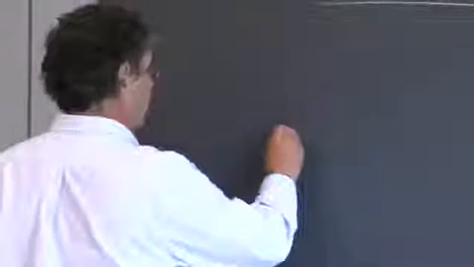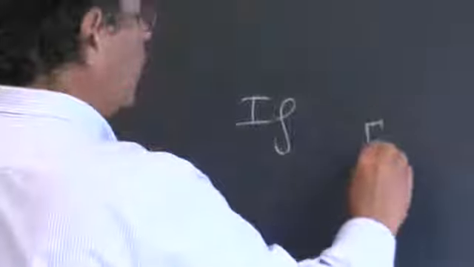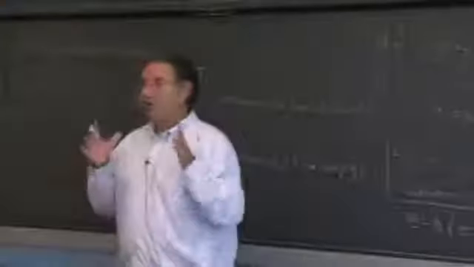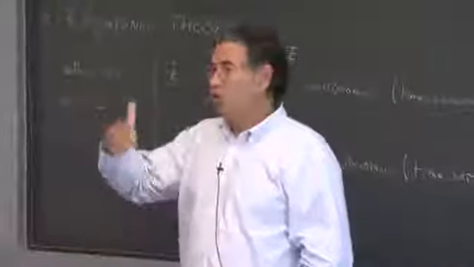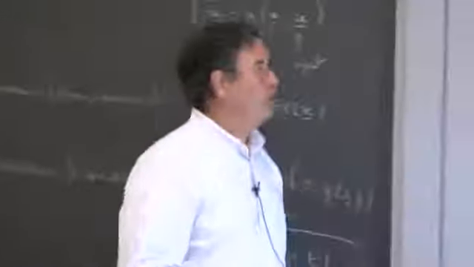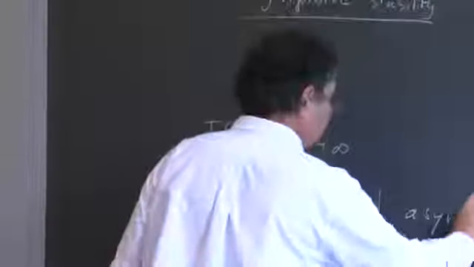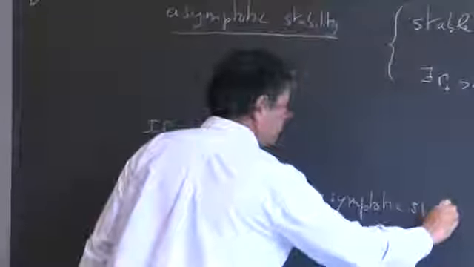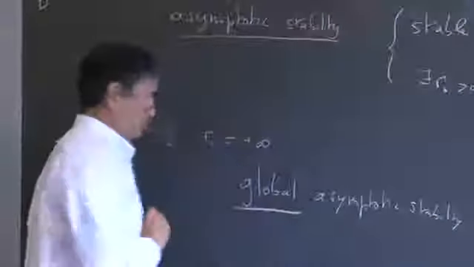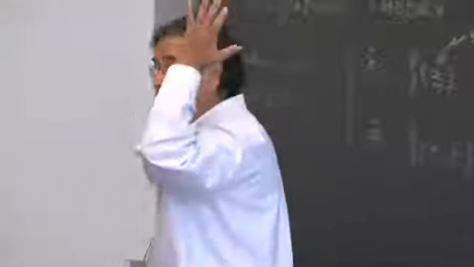Now, if R0 is actually infinity, with a slight abuse of notation, namely, if starting anywhere, you go back to 0, then this is called global asymptotic stability. And then of course, if you want to be consistent, you can call the first one local asymptotic stability.